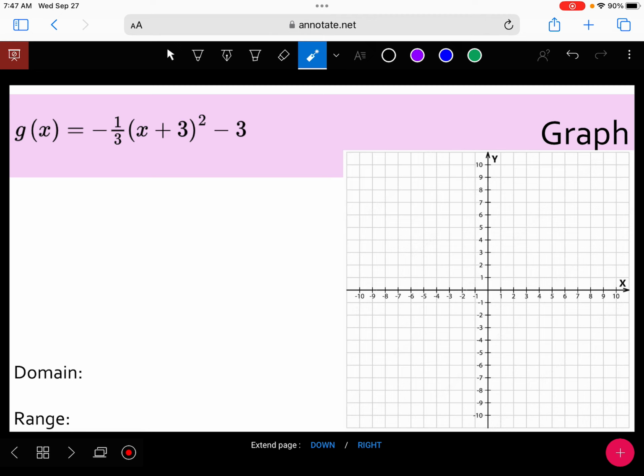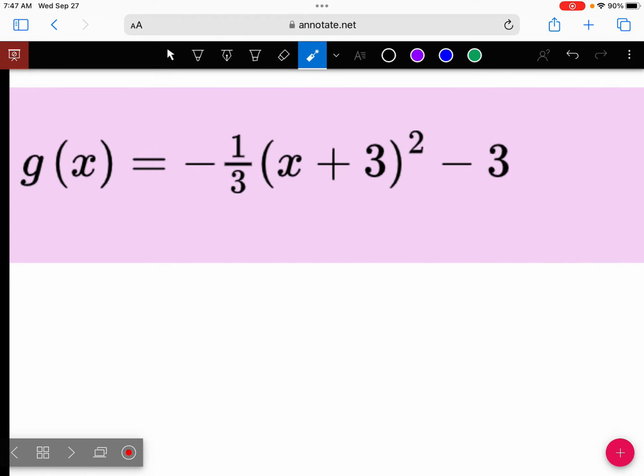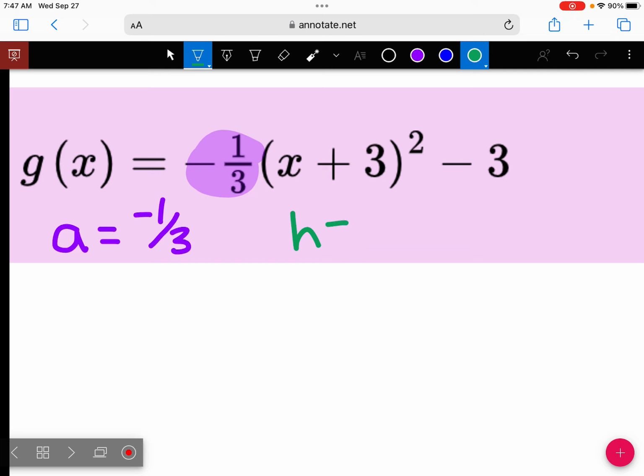All right, same vibe. We're going to find our A, H, and K. We're going to plot our graph, all that jazz. So what is our A? -1/3. That's okay. We can do it. -1/3, that's my A. How about my H?